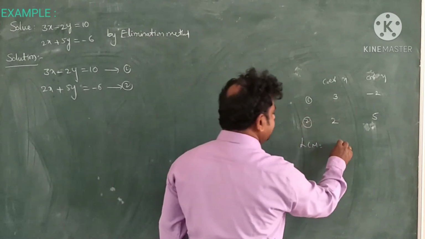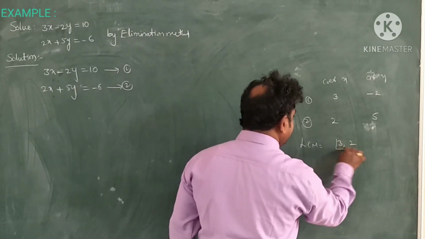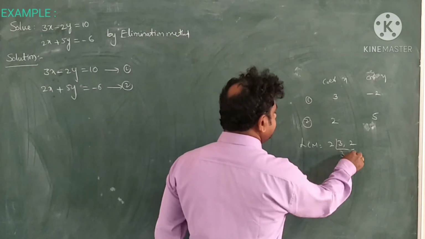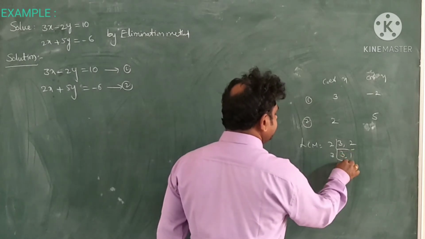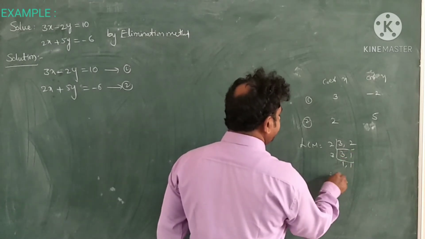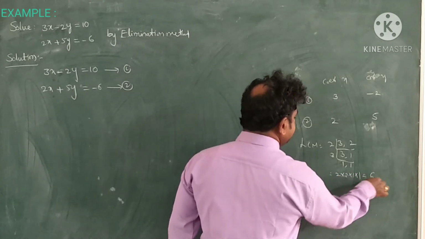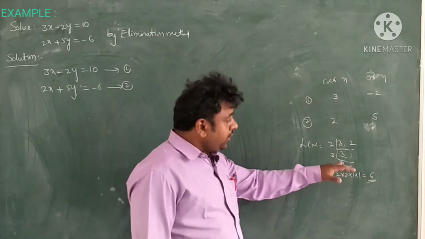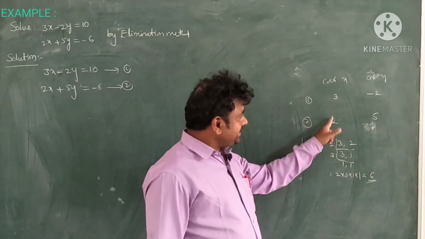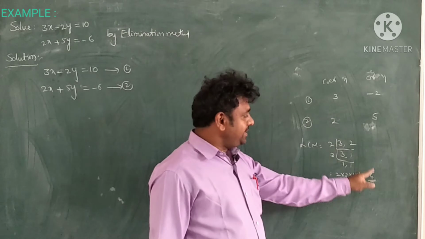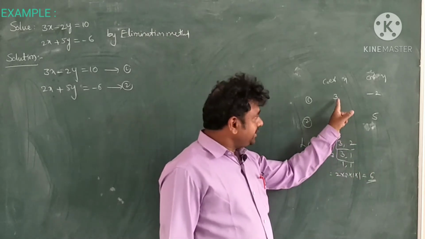Now let us take the LCM of 3 and 2. The LCM is 3 into 2 into 1, which is 6. Now let us convert these 3 and 2 into 6.